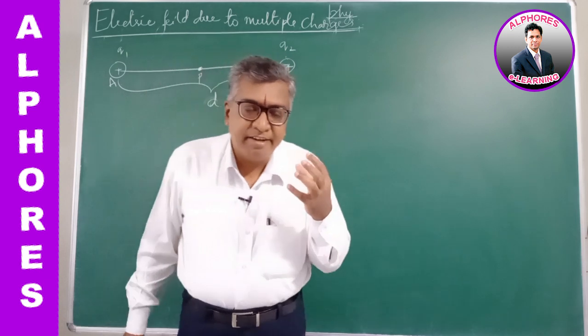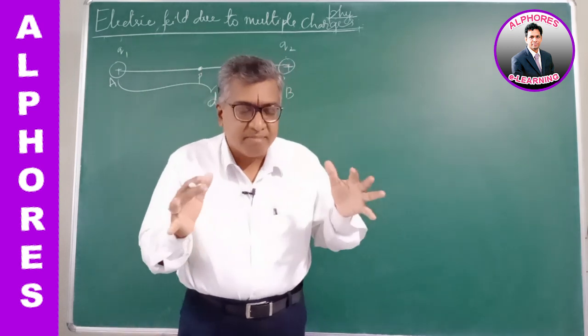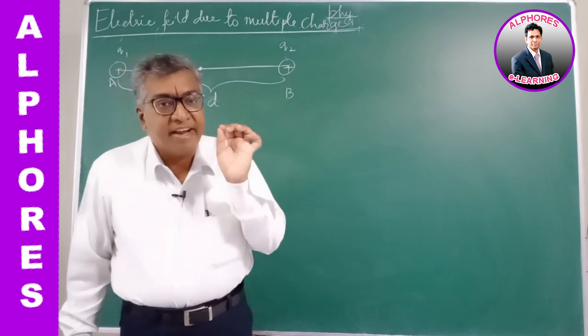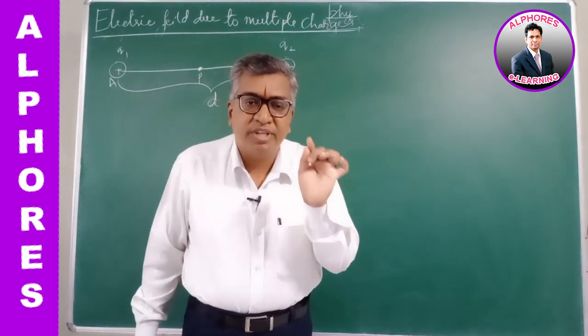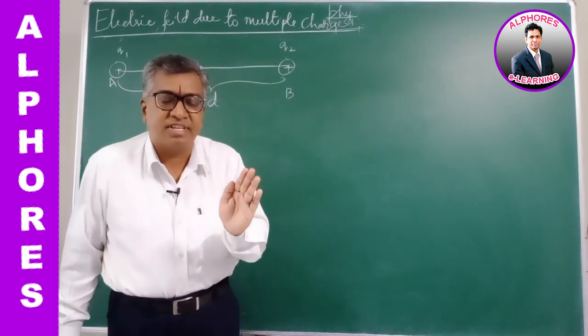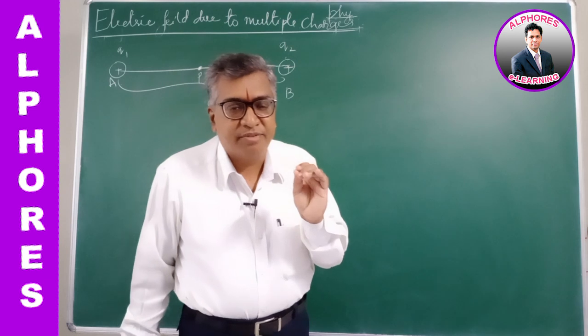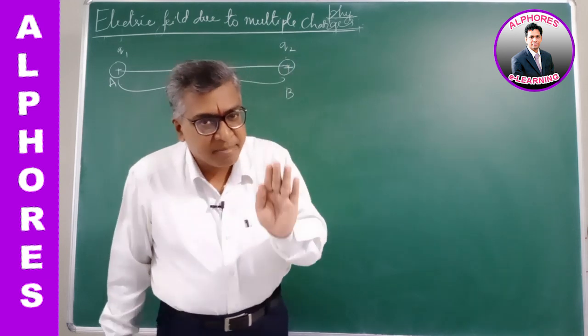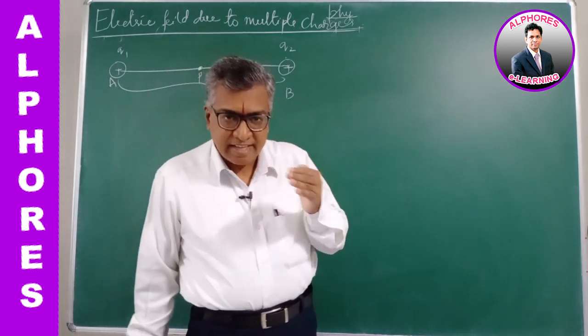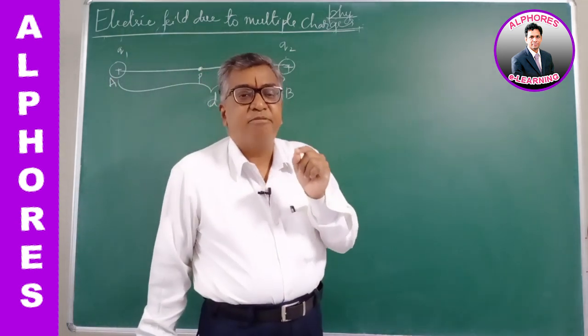So for the electric field due to any number of charges, first step: find the electric field due to each point charge separately, considering it as an isolated point charge, its magnitude and direction. Then second step: add them vectorially.